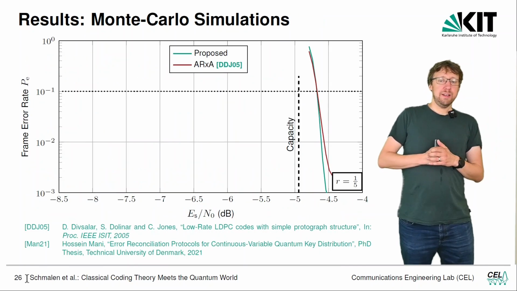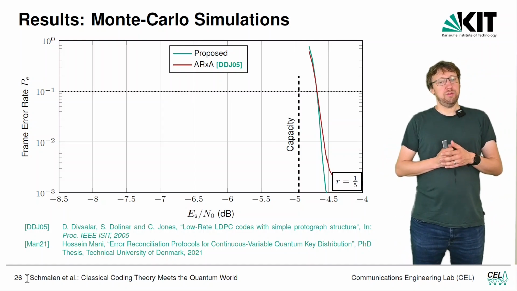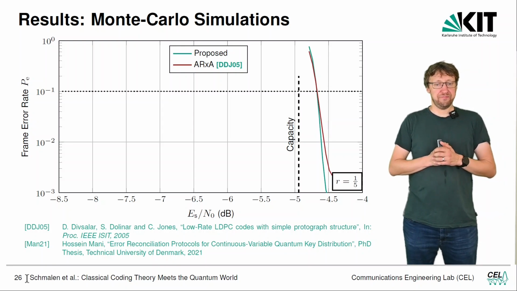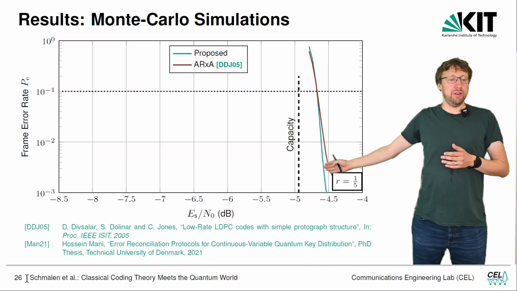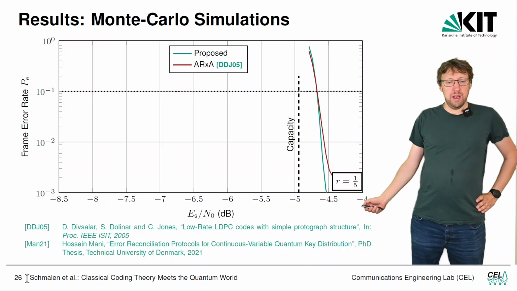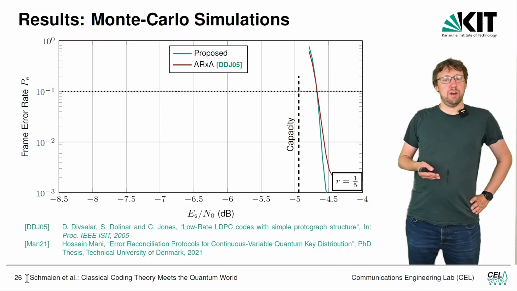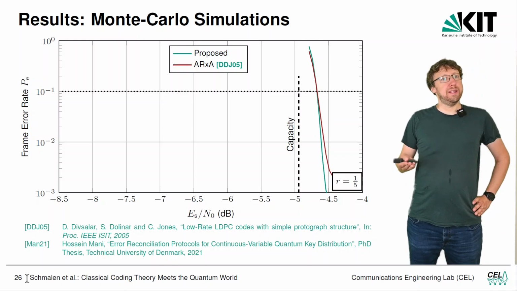So we can see how these codes perform compared to reference schemes, and for this we carry out Monte Carlo simulations. So here we have the error rate as a function of the signal-to-noise ratio, and we compare our proposed codes with reference codes, the AR3A and AR4A codes that are also used for space communications.